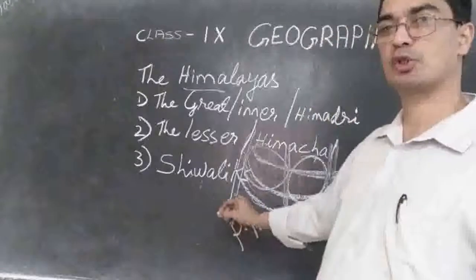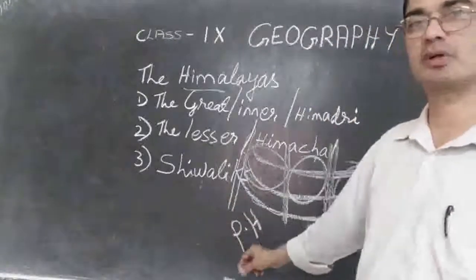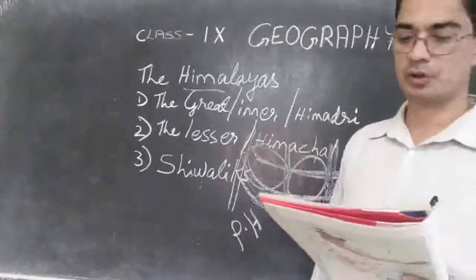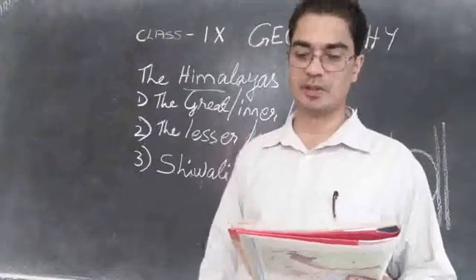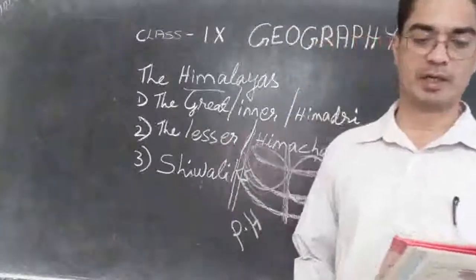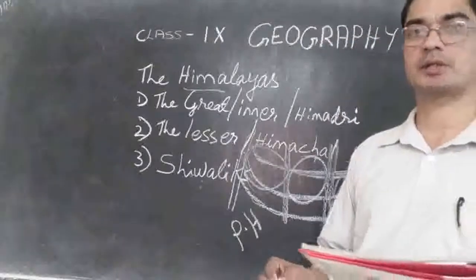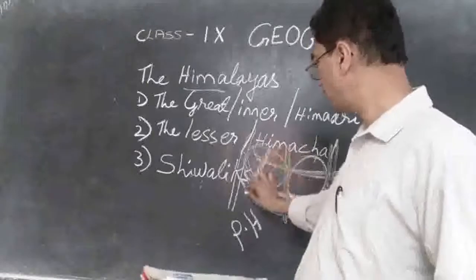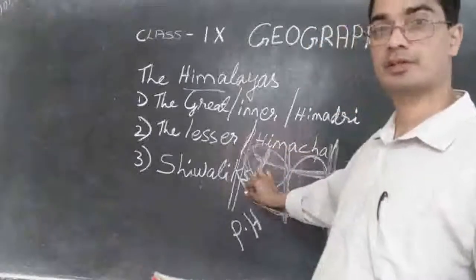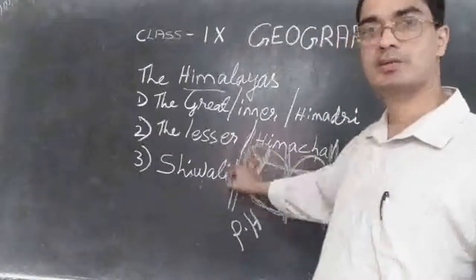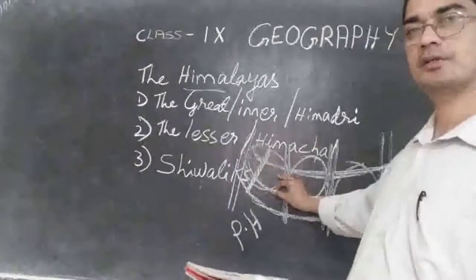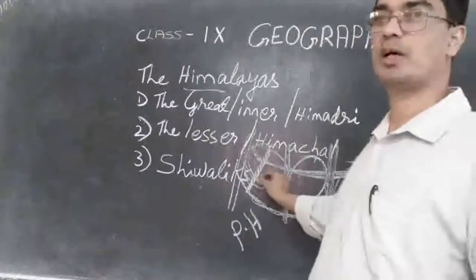But it has also got two other names. It is also known regionally as Kashmir and Himachal Himalaya from west to east respectively. Some of the people living in the west call it Kashmir Himalaya, and people who are living in this part call it Himachal Himalaya.